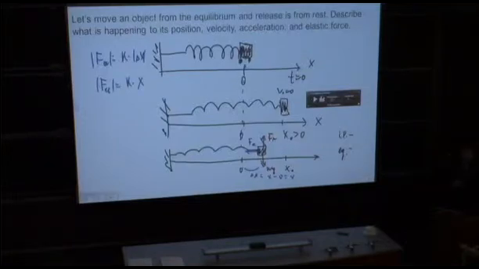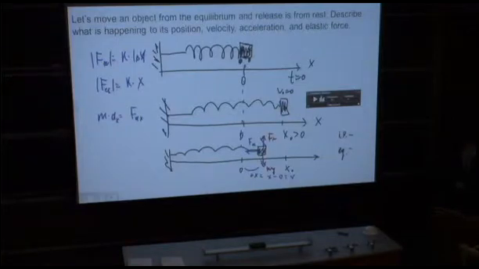That's the magnitude. We need a component of it. m times a_x should be equal to F elastic x. That's Newton's law. Vertical forces cancel each other out.